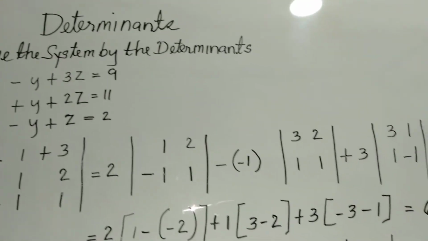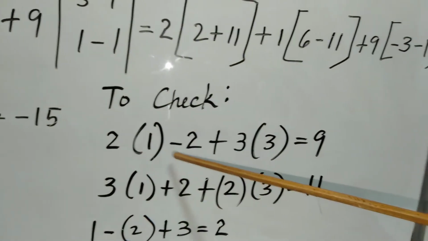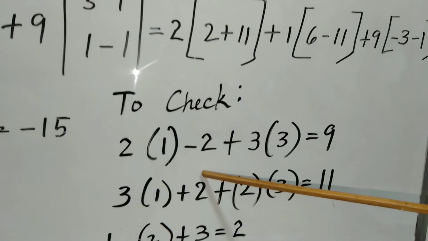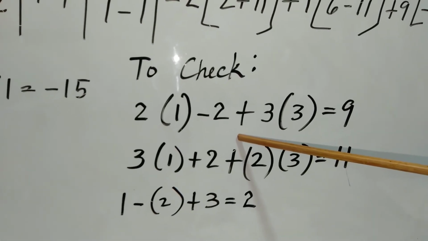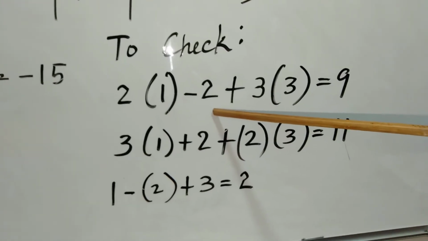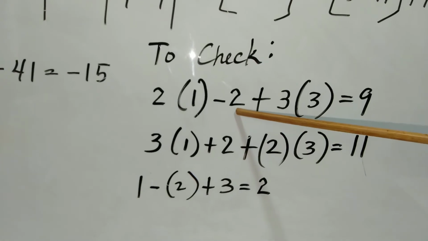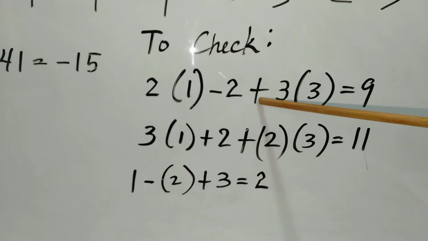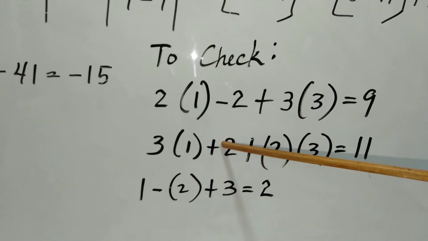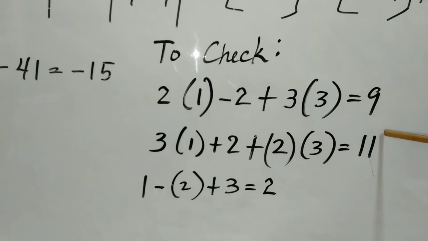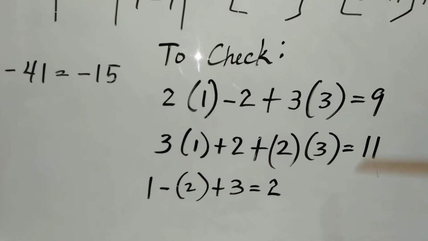So for 2x minus y plus 3z, we have 2 times 1 minus 2, the value of y, which is 2, no? Plus 3 times 3 for the value of z. So 2 minus 2 is 0, 3 times 3 is 9. So it's correct, no? The three values of the variables for the first equation are correct.